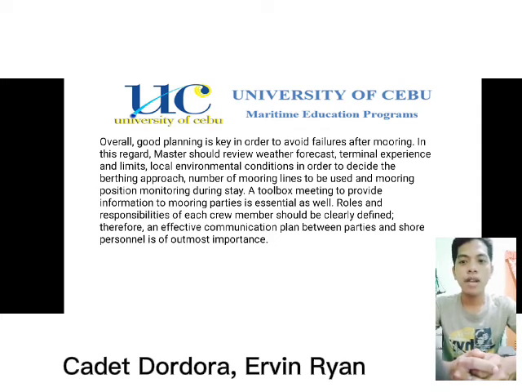Overall, good planning is key in order to avoid failure during mooring operations. Masters should review the weather forecast, terminal experience, and local environmental conditions in order to decide the berthing approach, number of mooring lines to be used, and mooring position. Monitoring during stay and a toolbox meeting to provide information to mooring parties is essential as well.